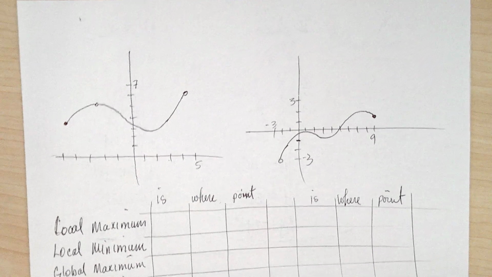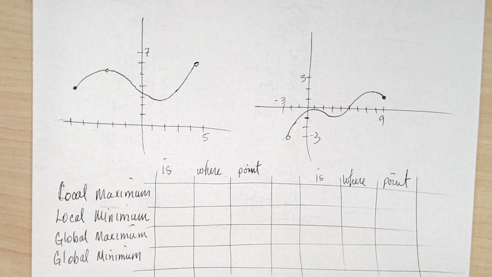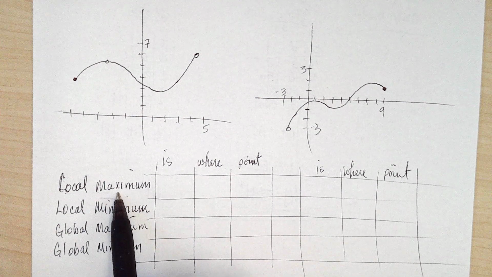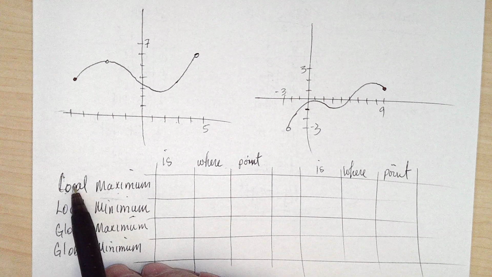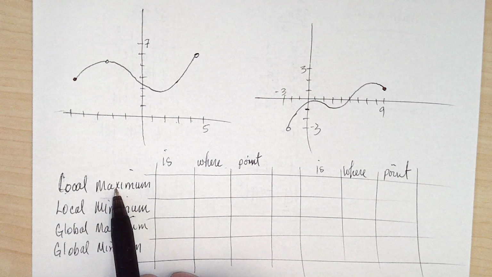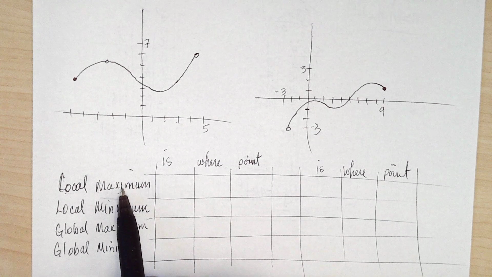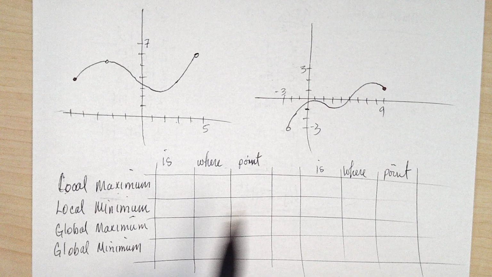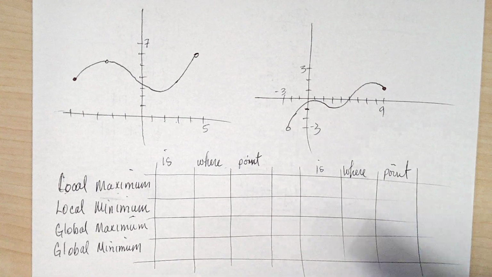Okay, so now let's explain what a local maximum is. A local maximum is a place on the graph that is the highest place in its neighborhood, in its nearby area.